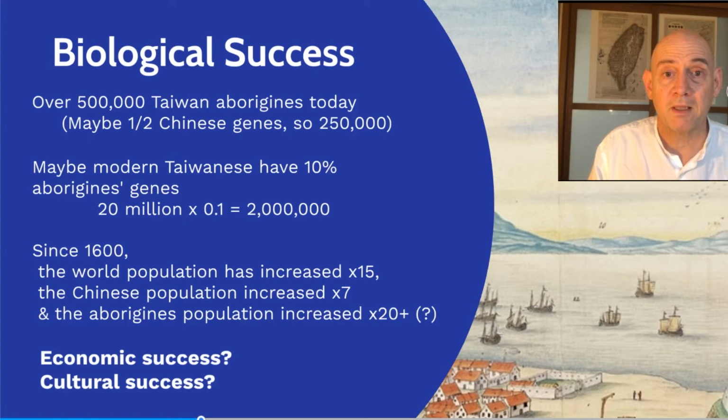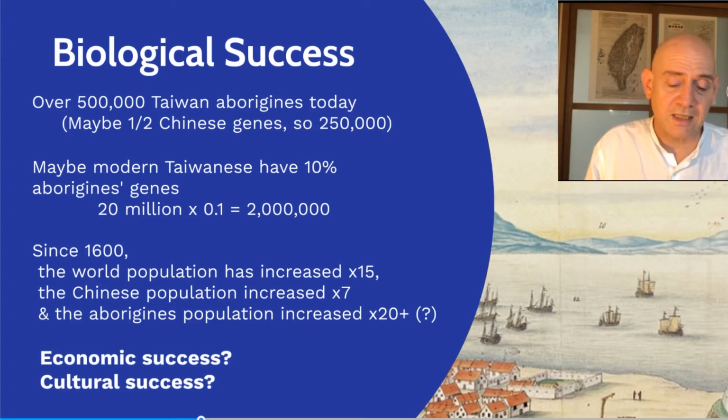Because the bulk of the Chinese are in China today, and China's GDP per person is still much lower than Taiwan. So in that sense, you could say the Aborigines were maybe more successful than the average Chinese, mainly the average Chinese that stayed home in China.